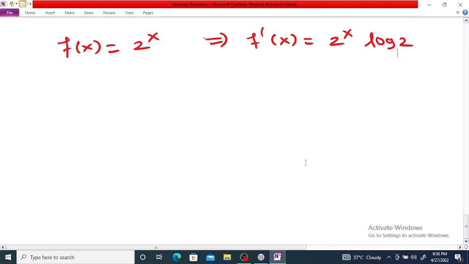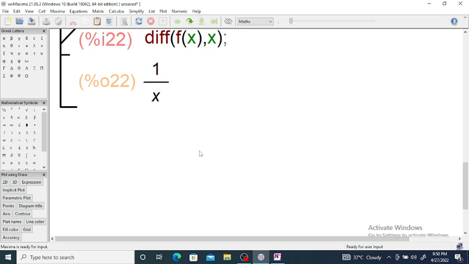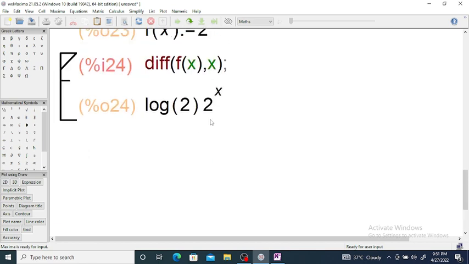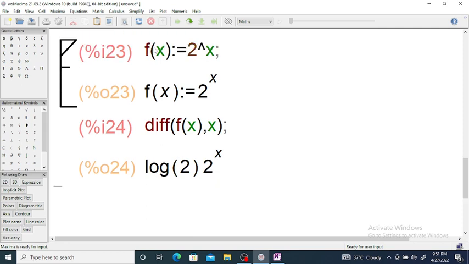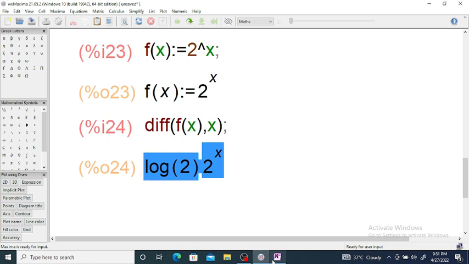You can write f of x is equal to 2 raised to x, then the derivative of f of x in the variable x, you can check here, is log 2 into 2 raised to x. So if f of x is equal to 2 raised to x, then its derivative is equal to 2 raised to x log 2.